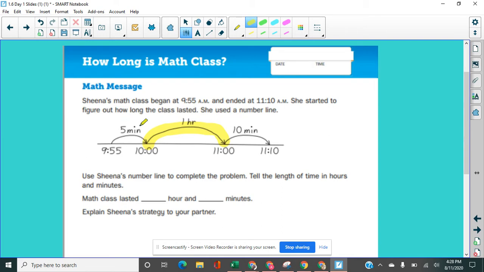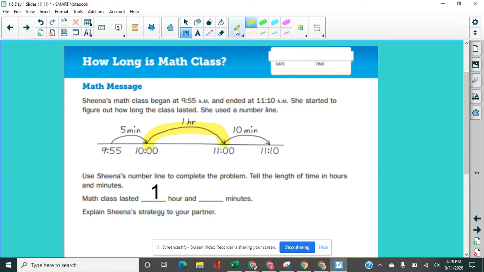And when I add these two up, they're not going to be 60 minutes either. Remember, there are 60 minutes in an hour. So her math class lasted for over an hour. So that's our first thing that we're going to write. So everybody's going to write that right here. Pretty close. 1 hour.